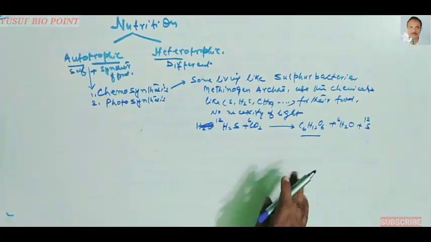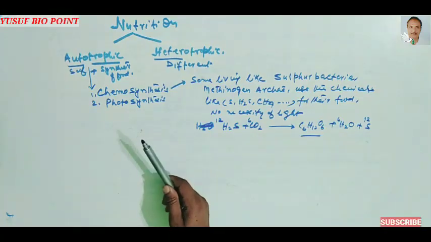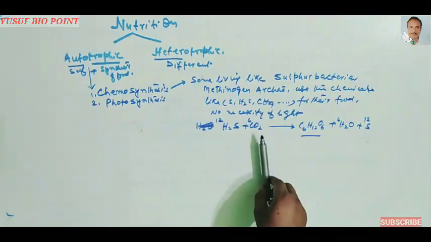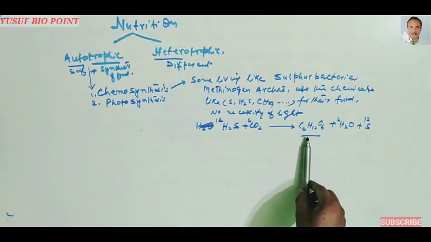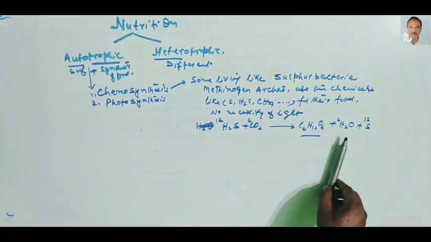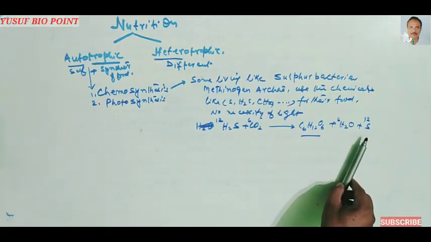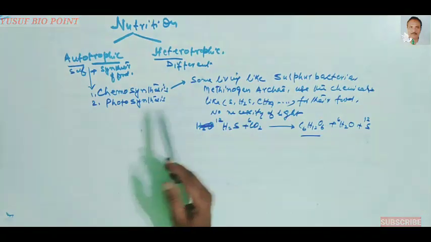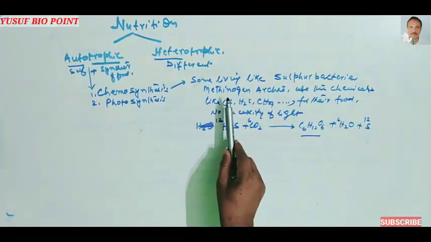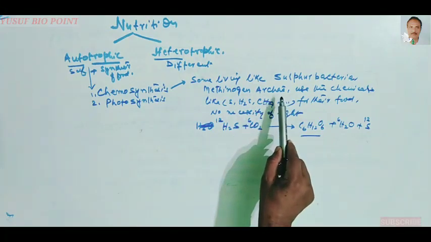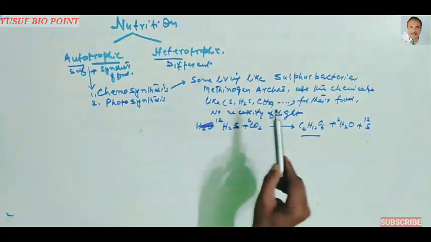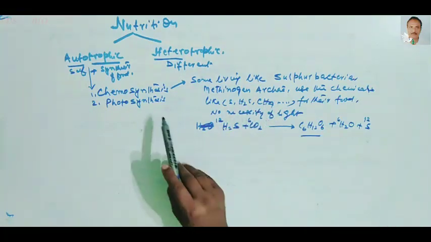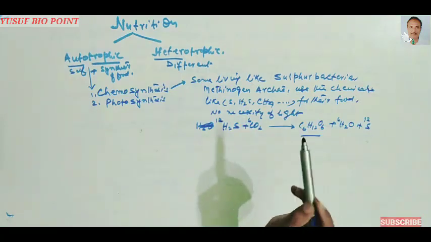So it is the process of chemosynthesis, in which H2S and CO2 combine to form C6H12O6, and sulfur is eliminated. This methanogen archaebacteria is found in the deep oceans where light cannot reach. In those situations, they use chemosynthesis for their food.